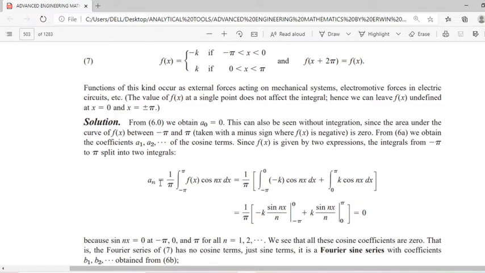What is an? an is equal to 1 by pi into integral minus pi to pi f of x cos nx dx. Here you know that f of x is minus k for this section.